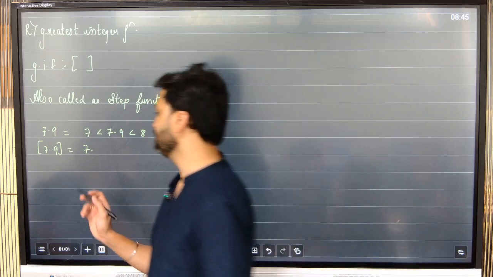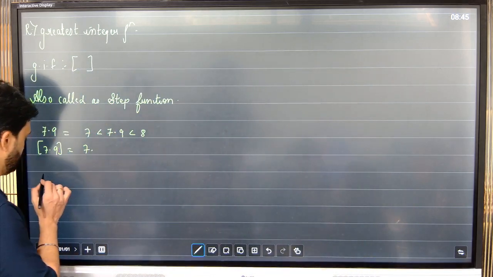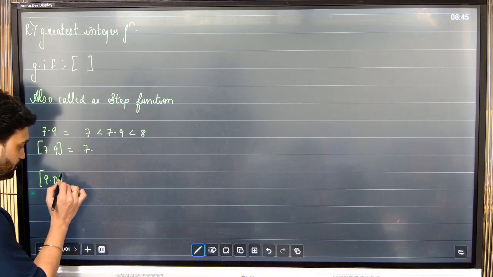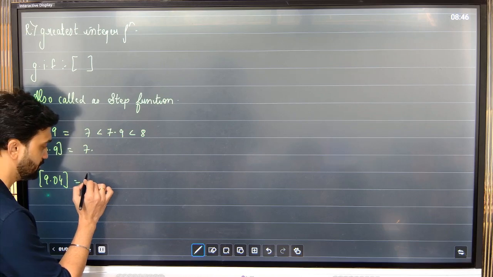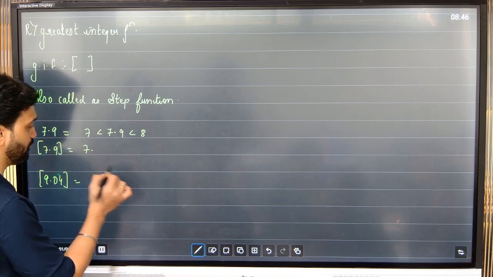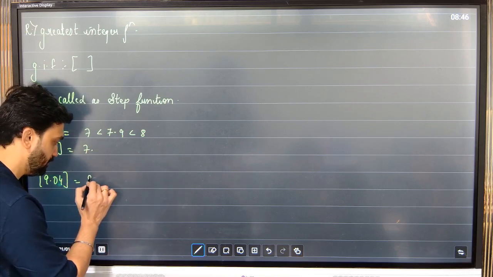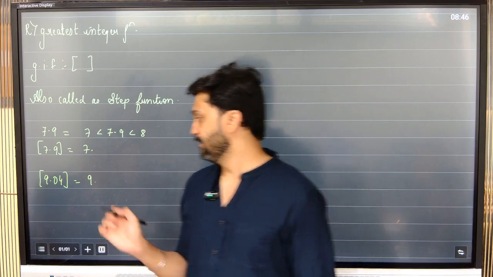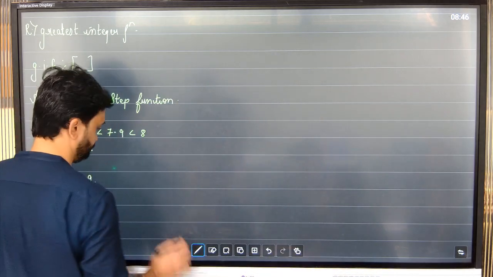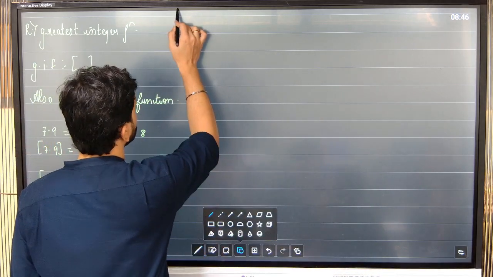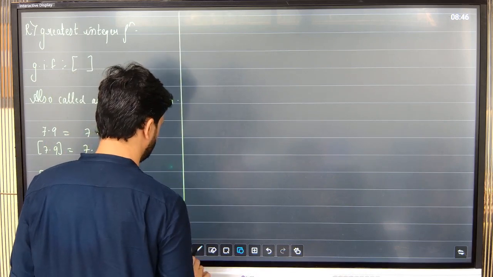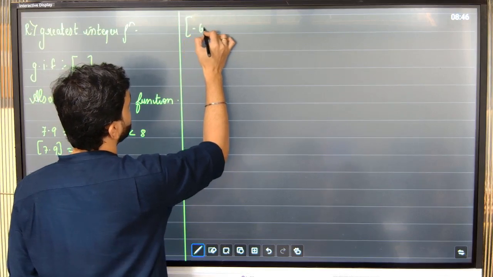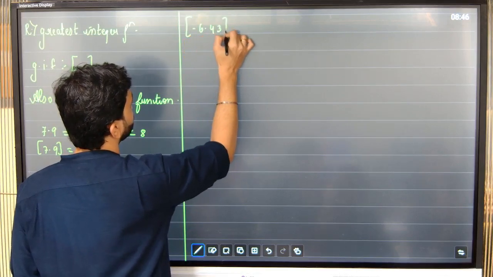If someone asks me what is the greatest integer function of 9.04, I know that 9.04 will lie between 9 and 10, and the small value is going to be 9. If we take an example, what is the greatest integer function of minus 6.43?